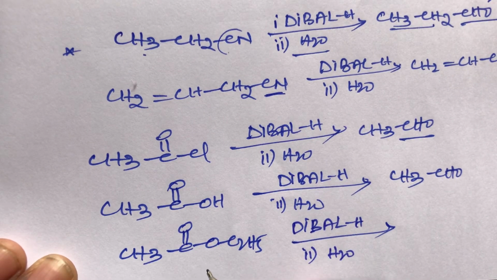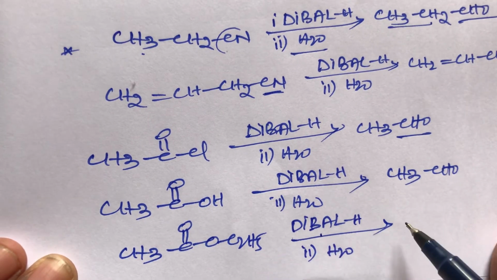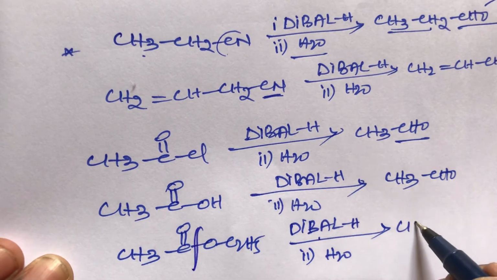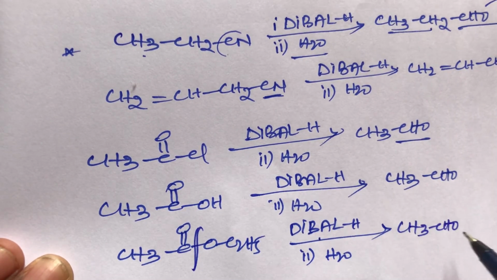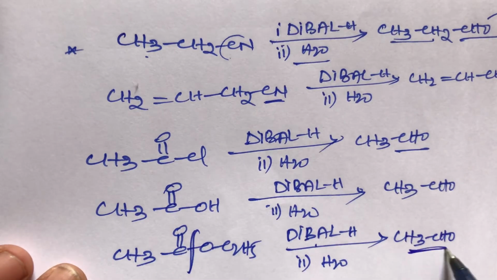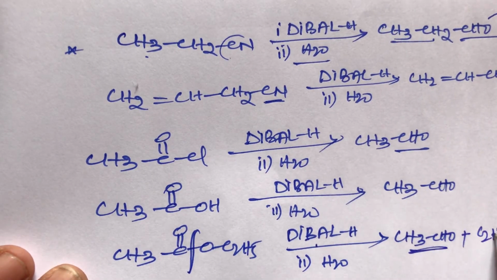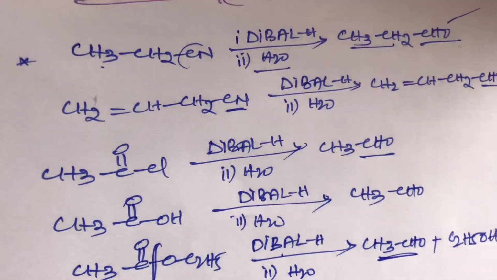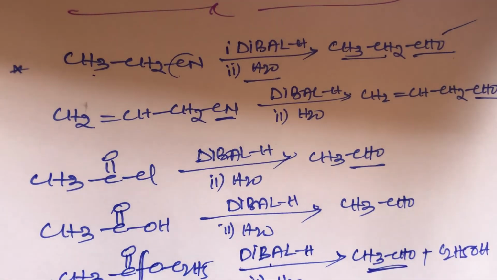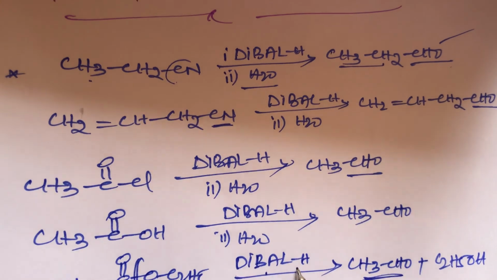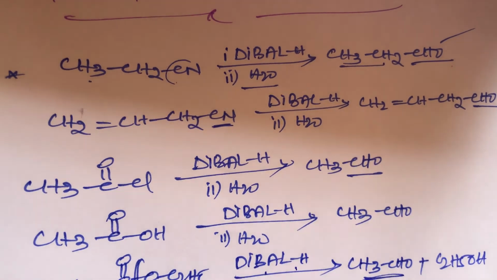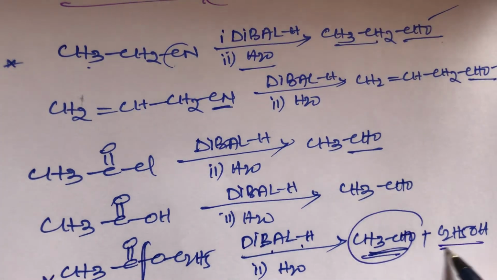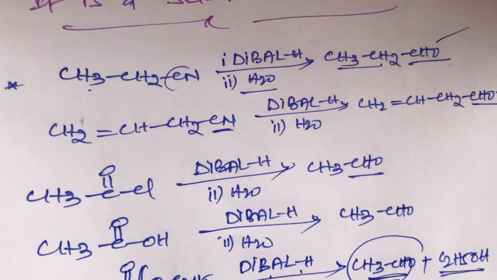This ester group in the presence of dibal gives two types of product, students, with bond cleavage here: one is aldehyde product, another is alcohol product, that is C2H5OH. This is very important, students. When ester is reduced with dibal followed by water, it gives one aldehyde, that is acetaldehyde, and another alcohol.